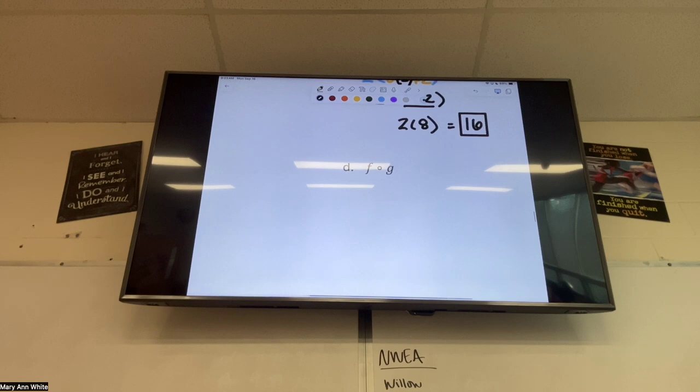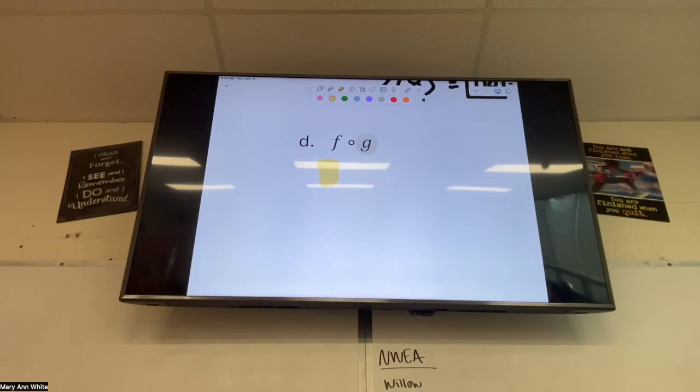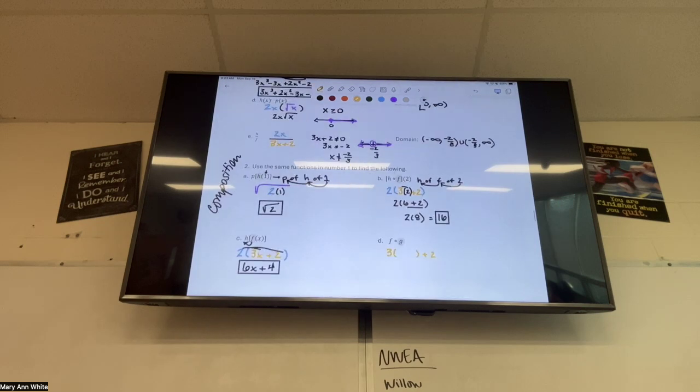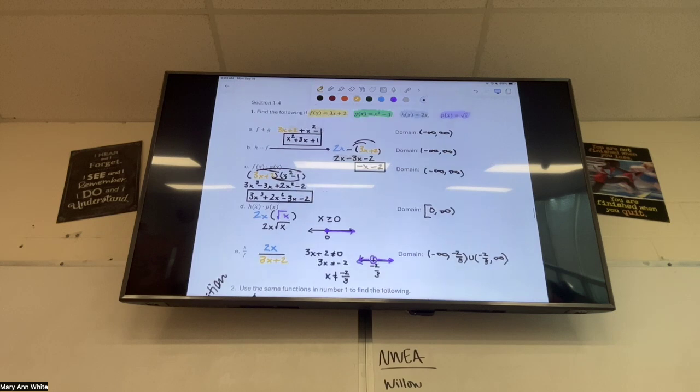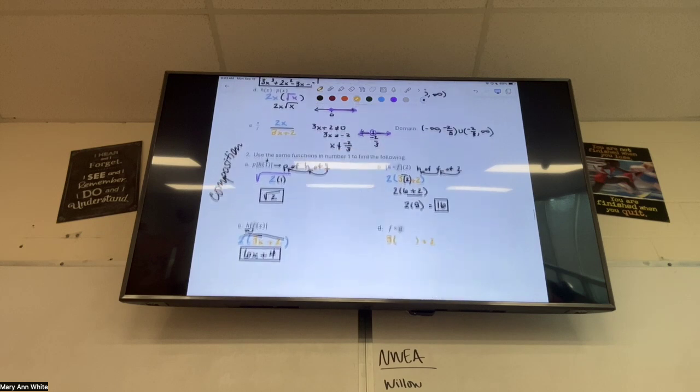Let's do the same thing for the last one. This time it shows you that you don't even need an x there. It still is f of g, which is my inside function. G is inside of f, so we'll do our 3x plus 2, but instead of x, we're going to put in g, and I forget what g is, x squared minus 1.